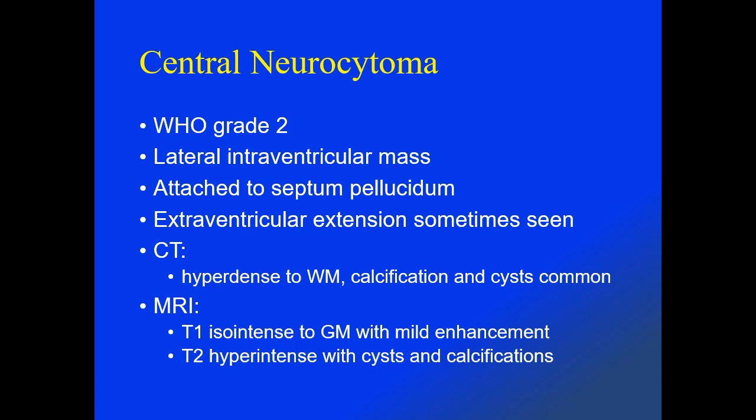On CT, the mass tends to be hyperdense and demonstrate calcifications and cysts. On MRI, the mass tends to be isointense to gray matter, with generally mild enhancement pattern, with T2 weighted images demonstrating cysts and calcifications.